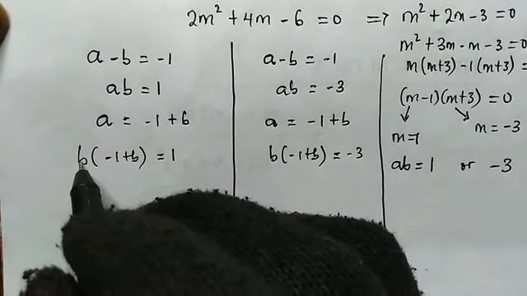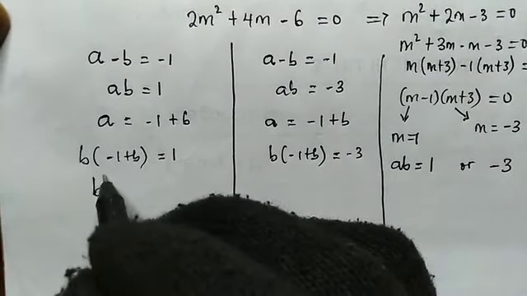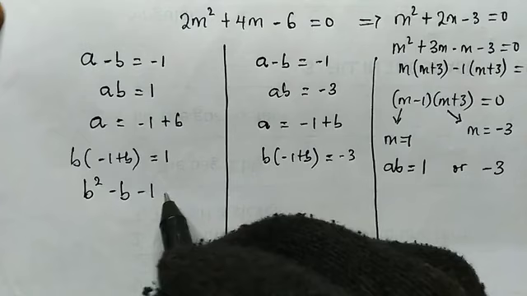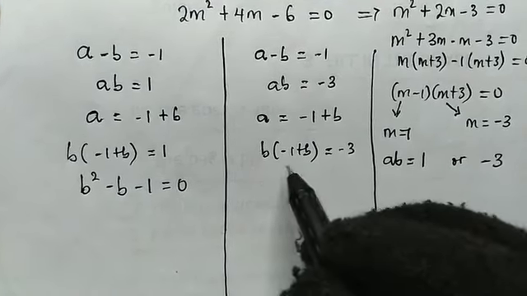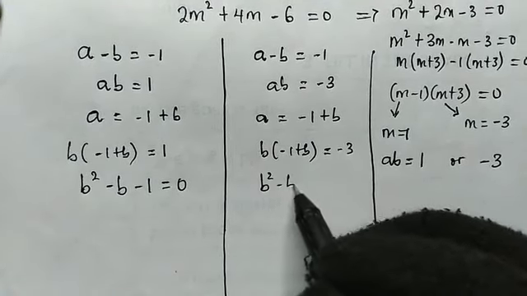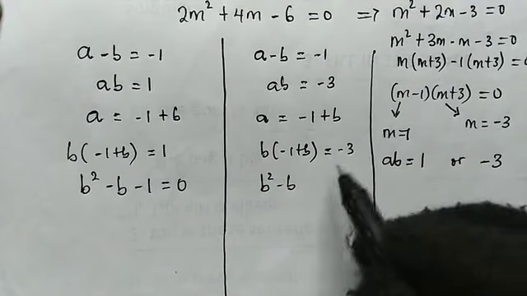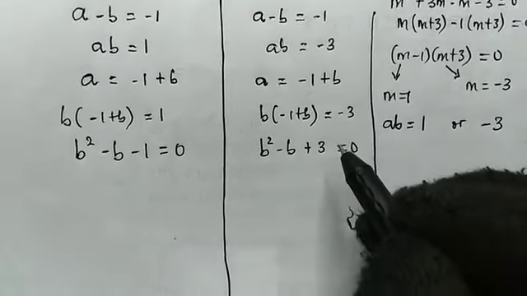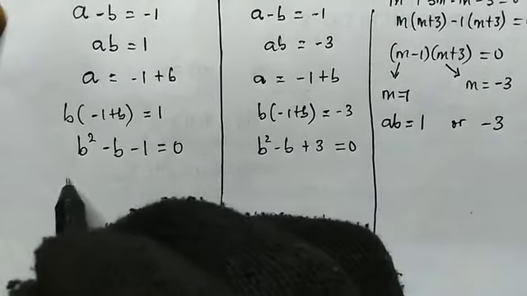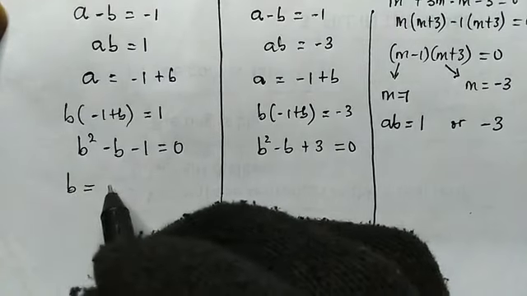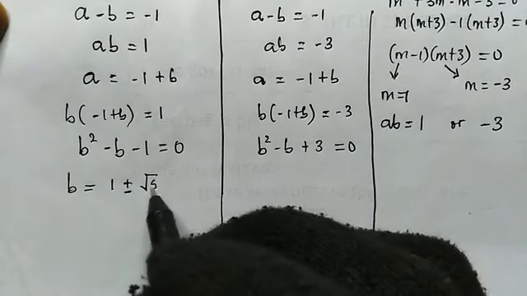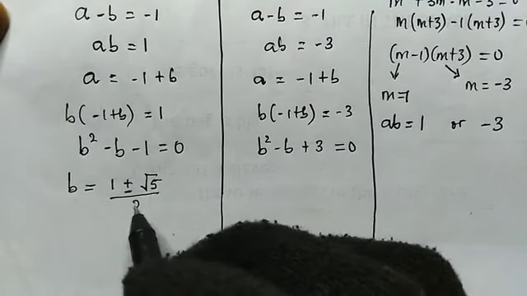So here we have b times positive b, here is b squared. B times negative 1 is negative b. Setting everything to 0, here, b squared minus b, then we add 3 to both sides, right? Because the 3 is negative, this is equal to 0. Now solving for b here, we find out that b is equal to negative b, which will be 1, plus or minus square root of b squared minus 4ac, here will be 5, then divided by 2.